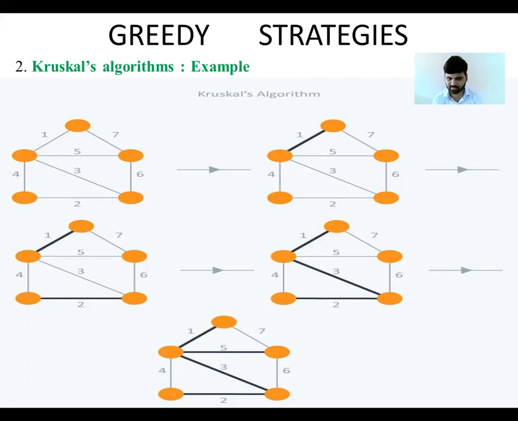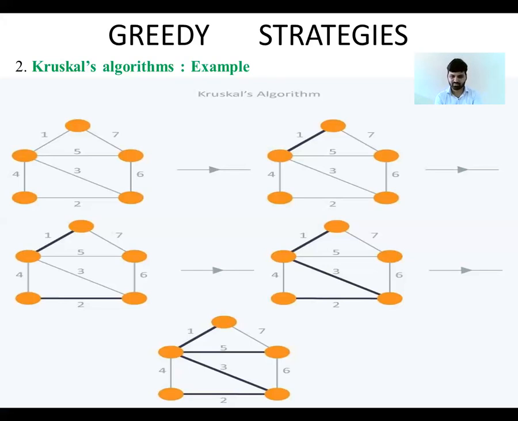In the first step, we have selected the edge having weight one. In the second step, there are various weights: 7, 5, 3, 6, 2 and 4. But we have to select the edge having least weight, that is 2. Then next edge we have to select is the one having weight 3.